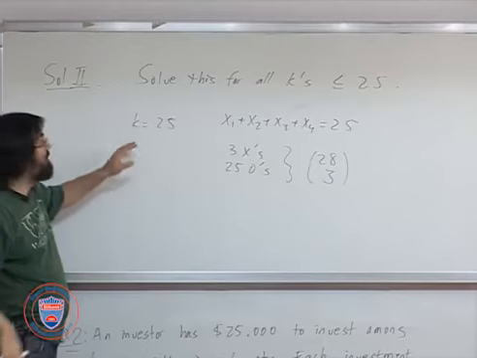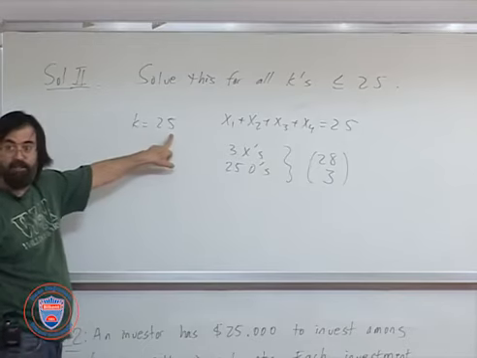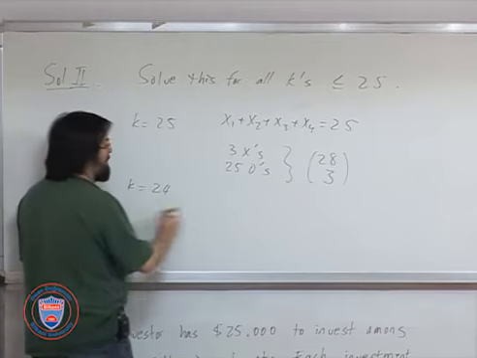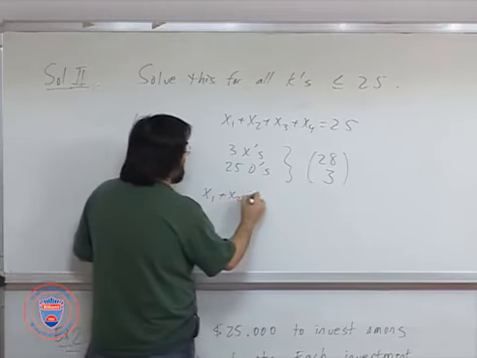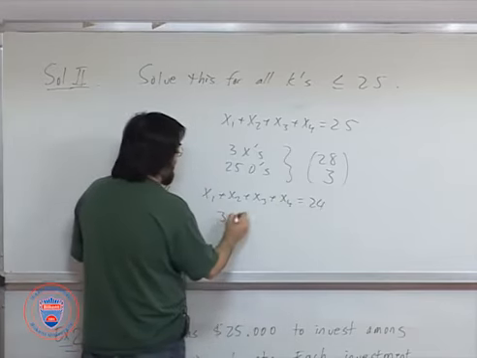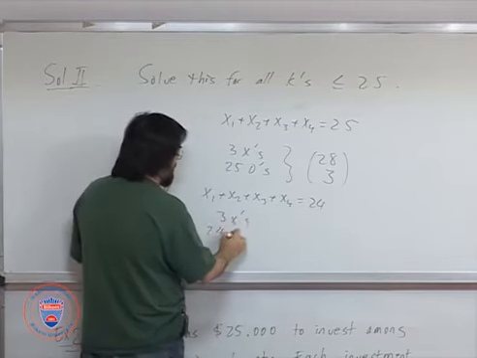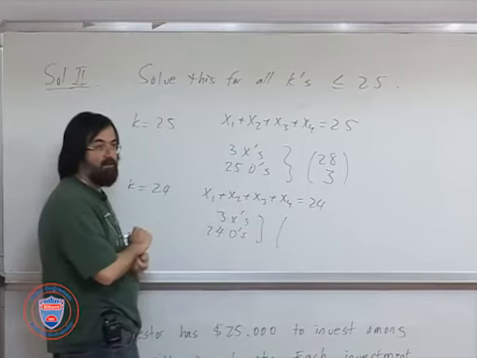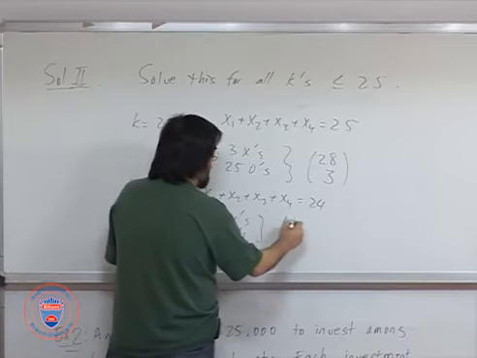This is for k equals 25. Let's solve this for 24. So you will be summing these up. Now 3 x's, 24 zeros. And the answer will be 27 choose 3.